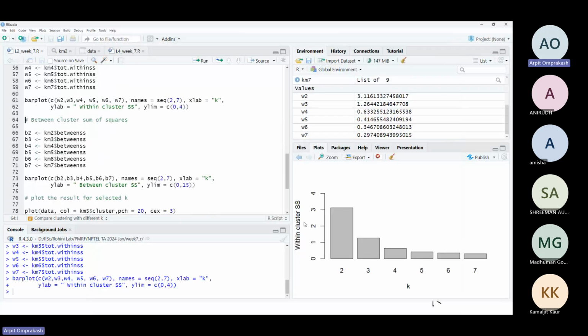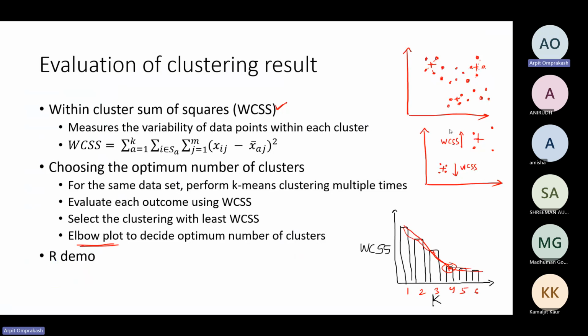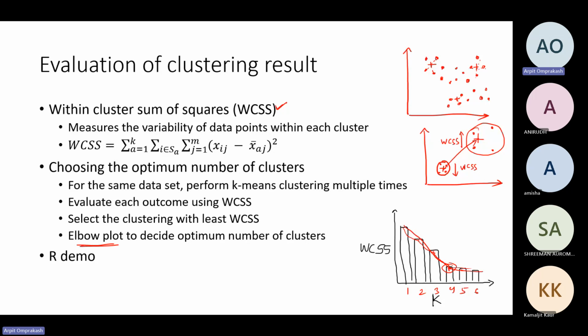Then we also want to plot the between cluster sum of squares. As I was mentioning before, this within cluster sum of squares is basically the variance inside a cluster. This between cluster sum of squares is a measure of how far these clusters are. What is the distance between, let's say, these 3 clusters?